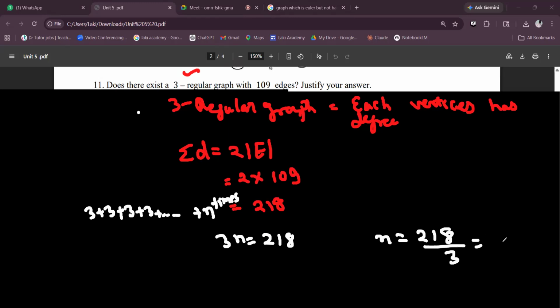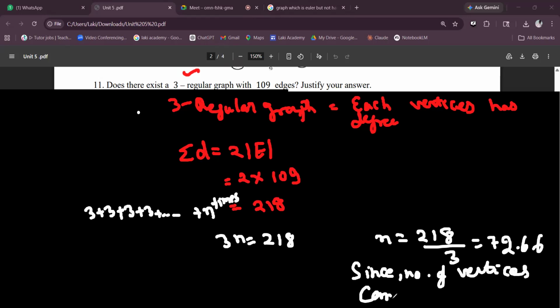The number of vertices cannot be a fraction, right? Since the number of vertices cannot be fractional, the graph does not exist. No such graph exists, right? Does not exist.